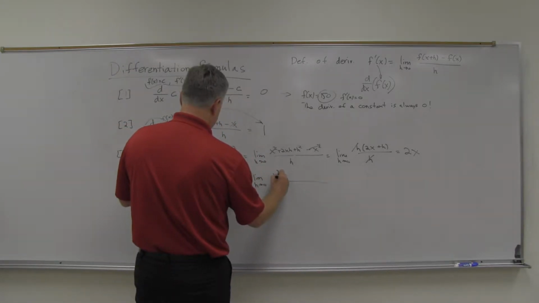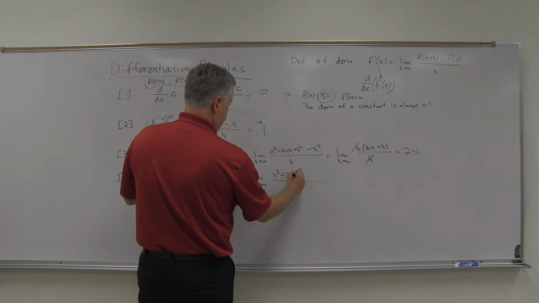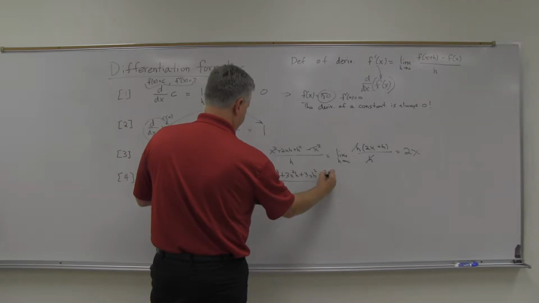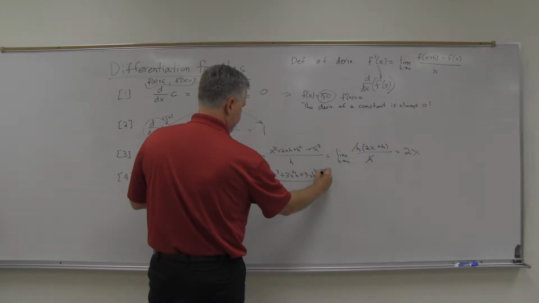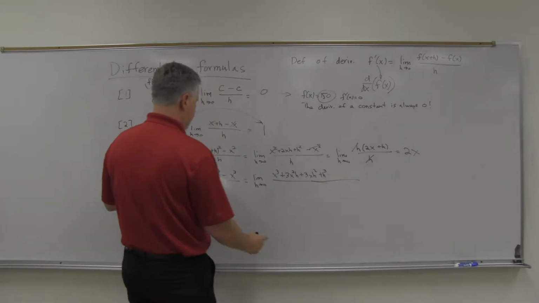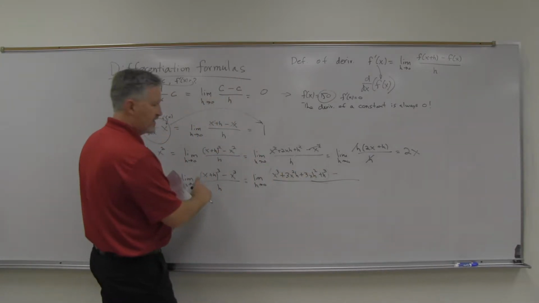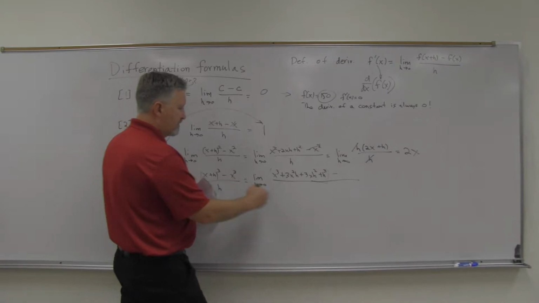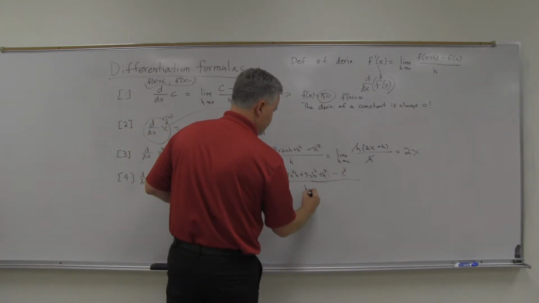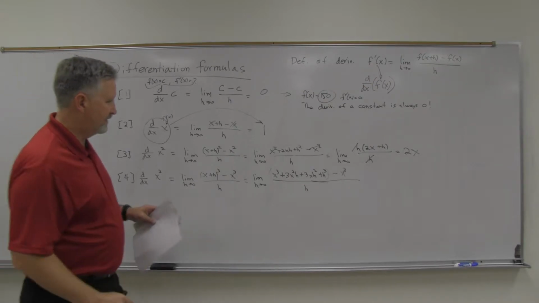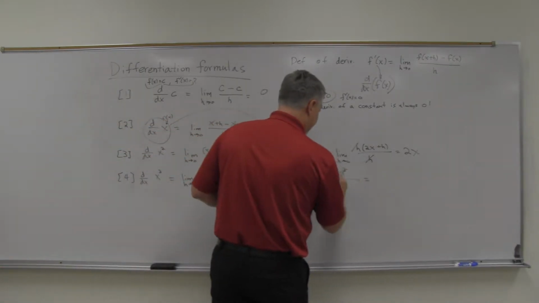So it's x cubed plus 3x squared h plus 3xh squared plus h cubed, so all that's (x plus h) cubed, but then I have the minus x cubed over h. I've done all that ahead of time here. So look at that.